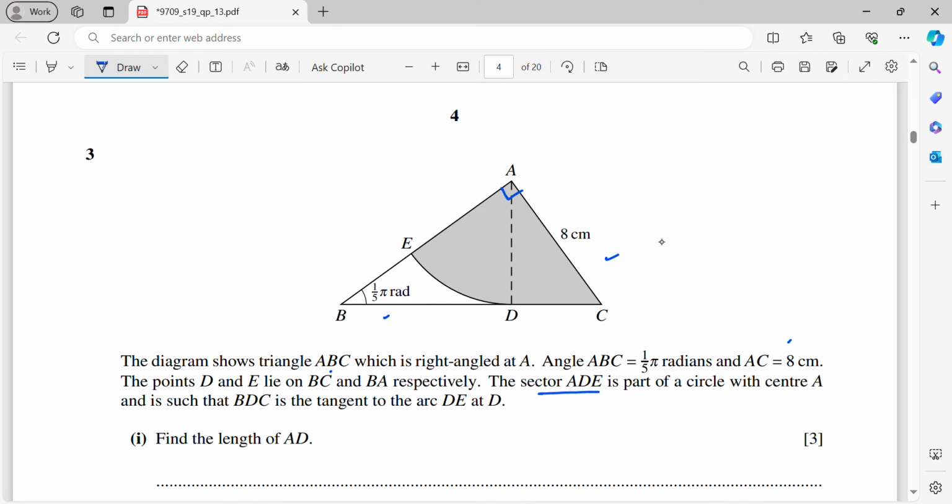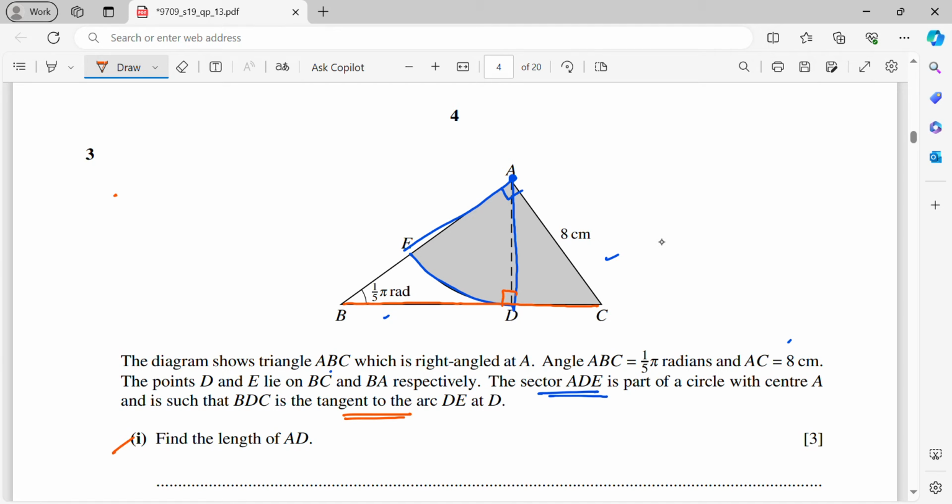The sector ADE is part of a circle with center A, and it is such that BDC is a tangent to the arc DE. This is tangent, so here is 90 degrees.